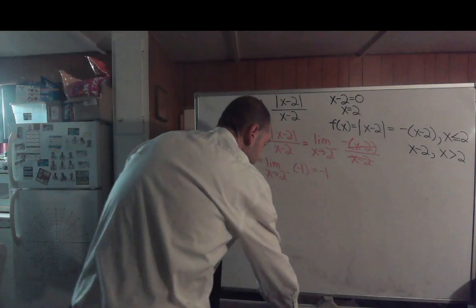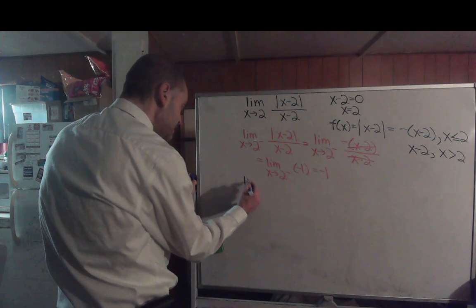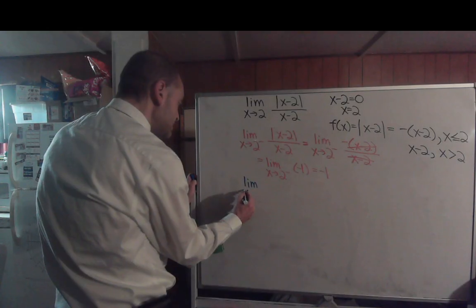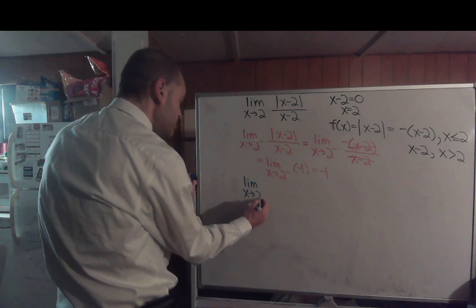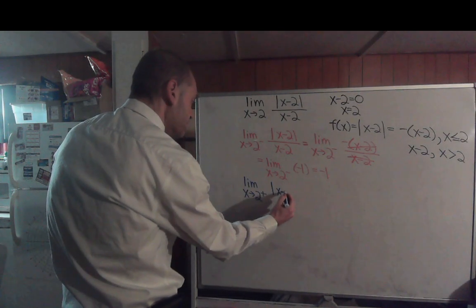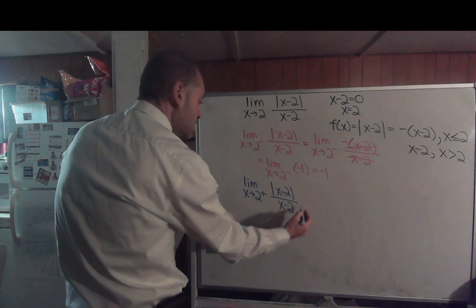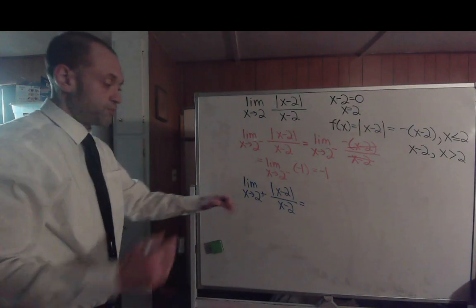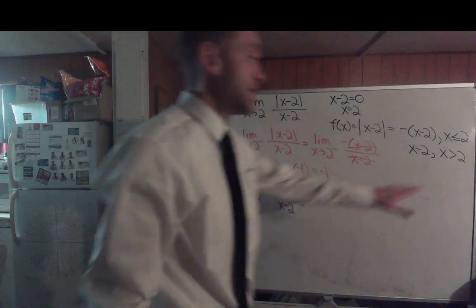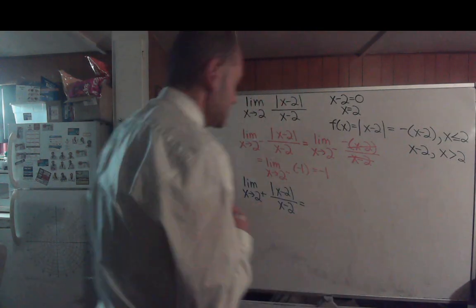Now let's go ahead and deal with the right-handed limit. So the limit as x approaches 2 from the right of the absolute value of x minus 2 all over x minus 2. Well, if we're approaching 2 from the right, that means x is greater than 2, so this is going to behave as positive x minus 2.